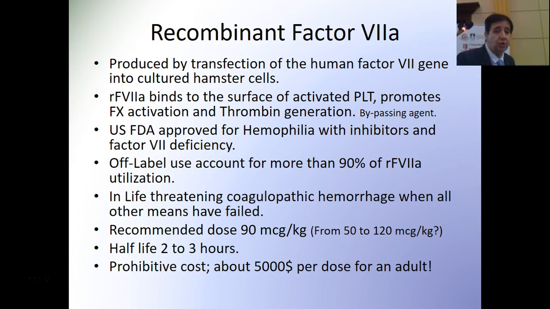Half-life is 2 to 3 hours, but as I noted, the more I advance in my talk, the more expensive those agents become, and one dose would cost about $5,000 for an average-built person. So this is the last thing that we have in our hemostatic agents.